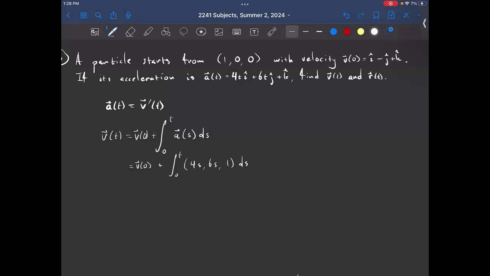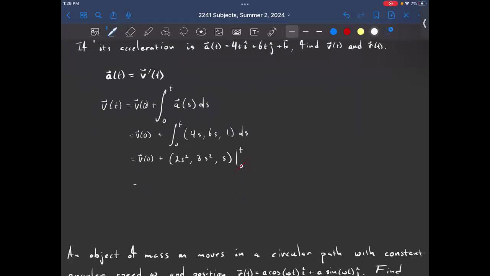And now, if I integrate that, I get, let's see, 2s squared, 3s squared, s, and I'm going to plug in s from 0 to t. All right, now I know plugging in 0 is going to give me nothing. It'll just give me the 0 vector. So I only need to replace s with t and then add it to v0, and I'll have my velocity vector.